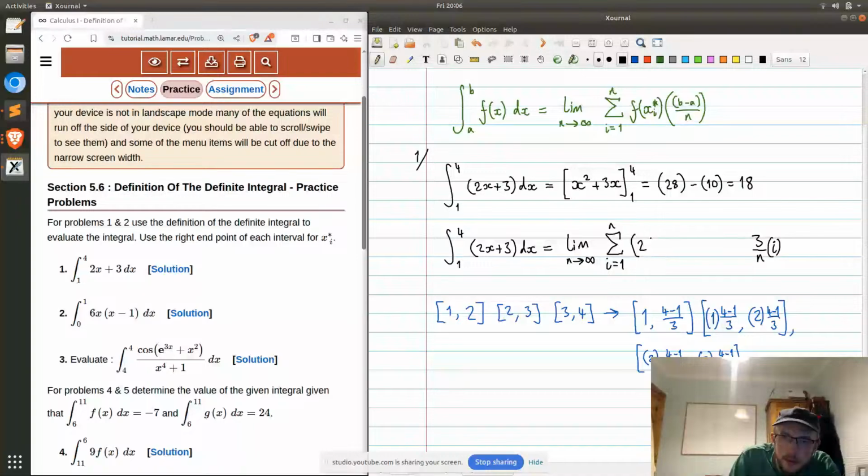That right endpoint. No, here, this is actually wrong. Sorry about that. That's the width. The width is just 3 over n, and that makes sense.